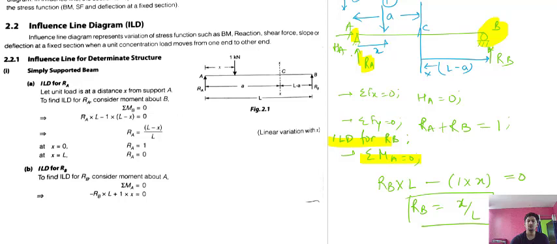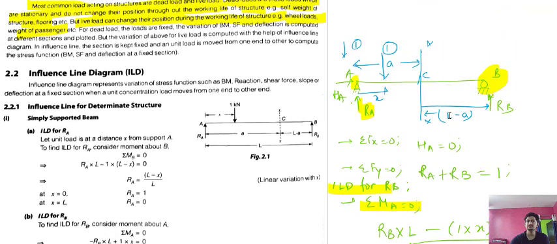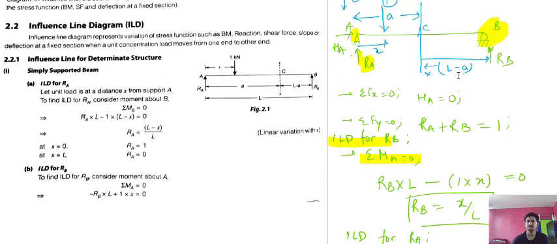And now when I am making the ILD for RA, I have to consider summation of moment at B to be 0. The equation will be RA into L, minus 1 into the remaining distance.